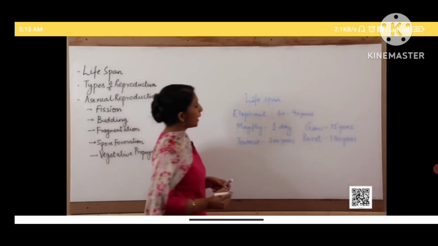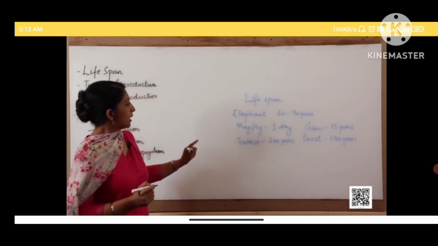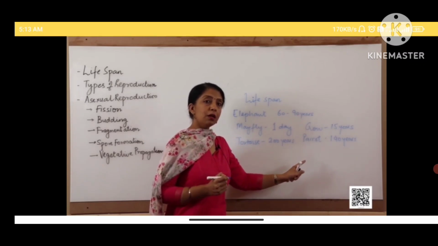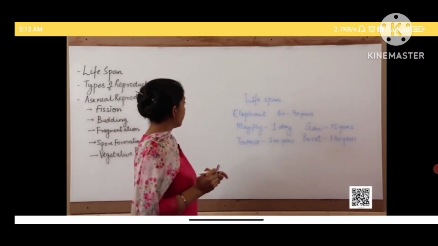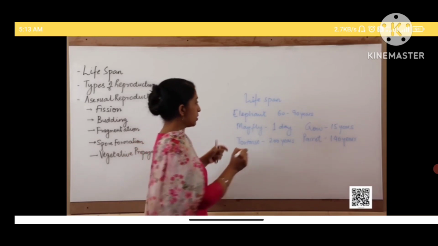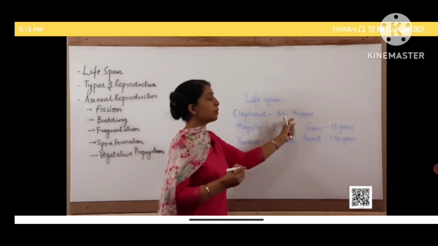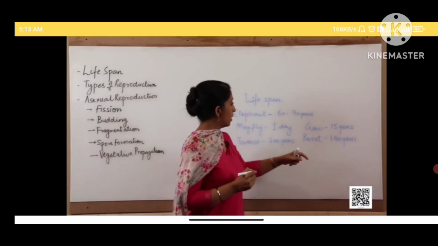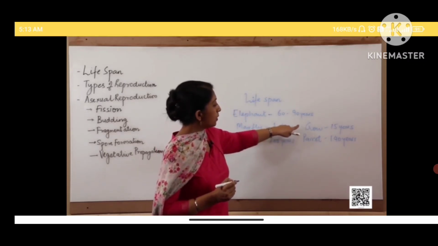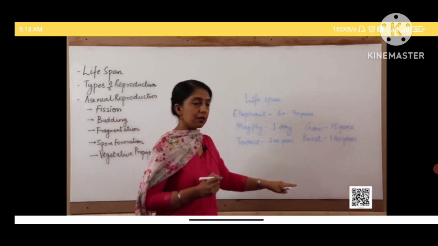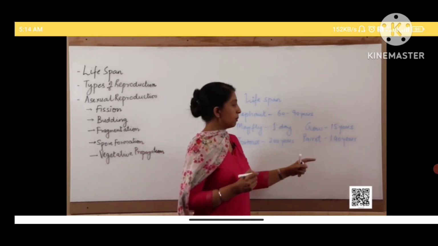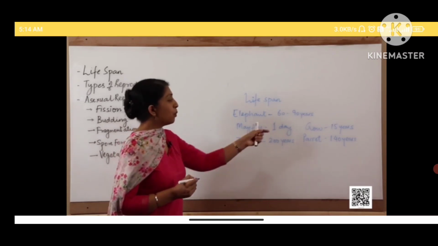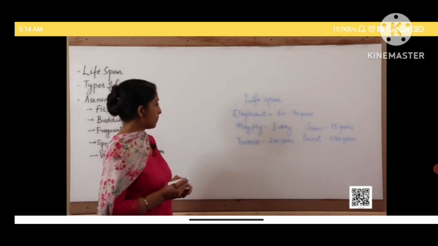So you can see here that the lifespan of an individual is not dependent on its size. An elephant, which is so large, lives for only 60 to 90 years, whereas a parrot lives for 140 years. On the other hand, a parrot and a crow have a similar size and they both are birds, but still there's a lot of variation in their lifespans.